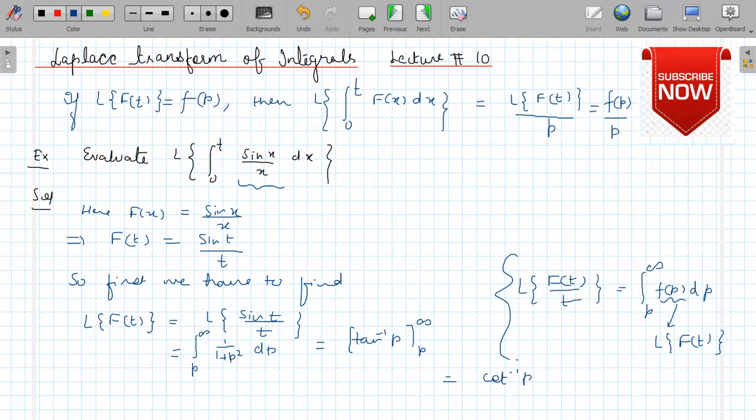I am not doing it in the details. You can go through my previous lectures for the evaluation of this expression. This is equal to cot inverse p. So we have the value of Laplace of f(t), so that we now write the value of Laplace of this expression.